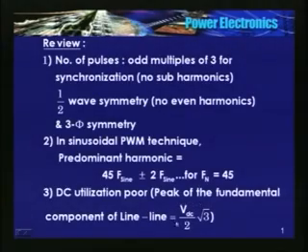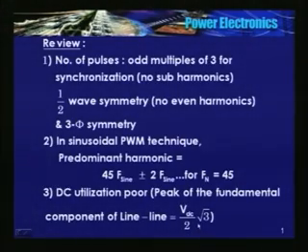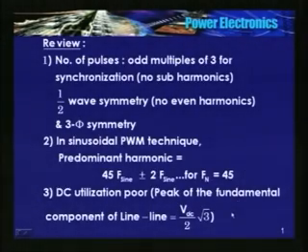So this is the peak of the fundamental component of the line to line voltage in a PWM inverter, okay, which is less compared to a square wave operation. That's the reason, in the sense, using the PWM technique we eliminated the harmonics, in the process the utilization comes down, okay.